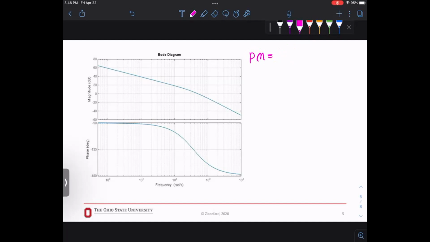PM is when your gain is at 0. So at gain 0, here is omega PC. You find what this value is. If you don't know, you can just guess a number. So this is like, I don't know, 8 times 10 to the power 2 radian per second.